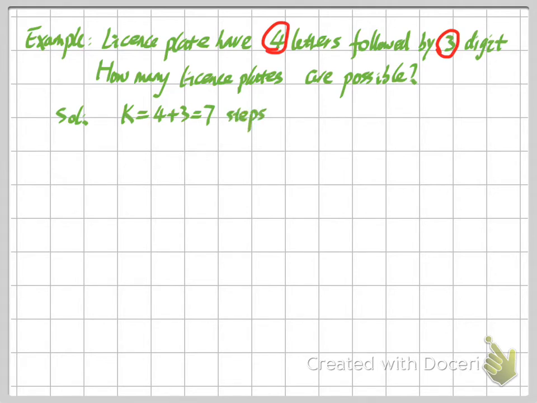Then the next thing we should do is find the values of N1, N2 until N7. For this question, we need to read carefully, because the first 4 steps are letters, so we can choose any letter, A, B, C until Z. In total, how many choices do we have?